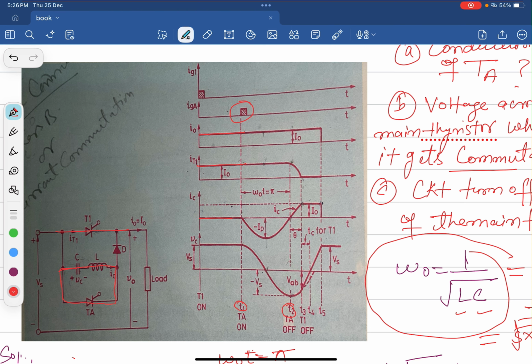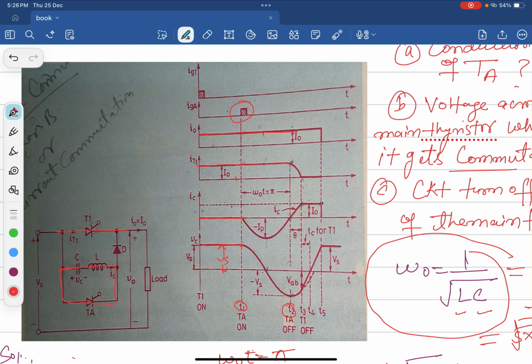Previously the charging current had no path to flow, and the capacitor voltage was already charged to the voltage of Vs. But when the auxiliary thyristor is fired, the condition changes. Here the load current is always constant and the current flowing through the thyristor is also constant.